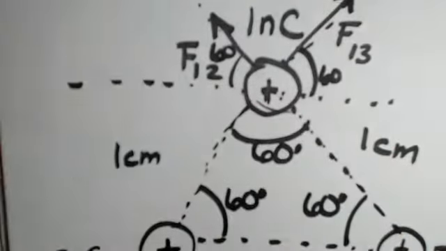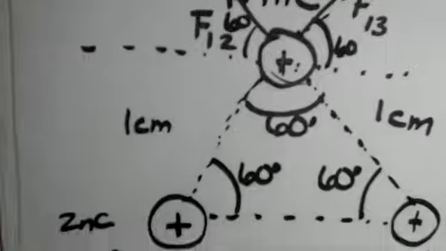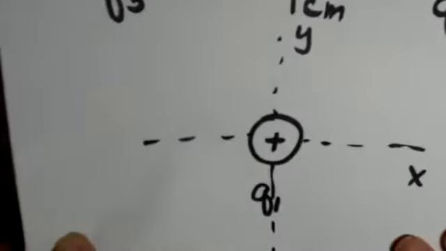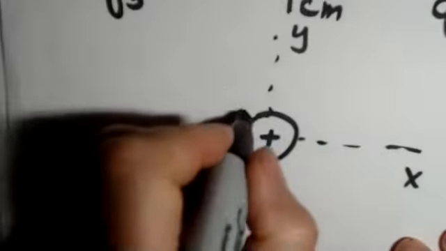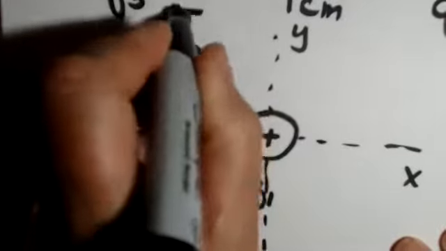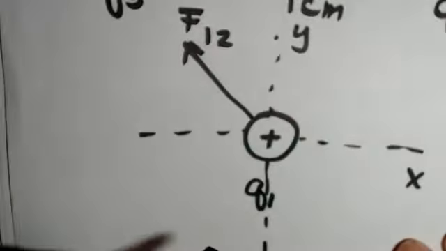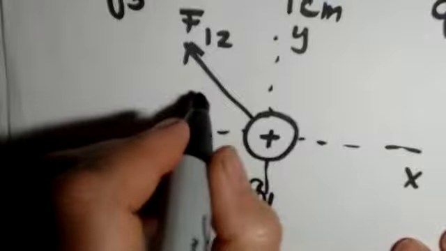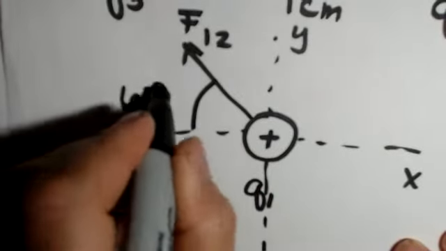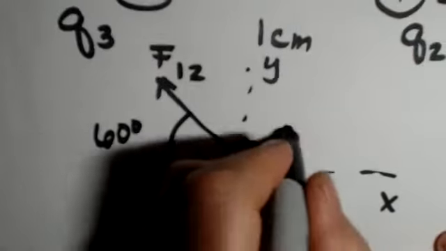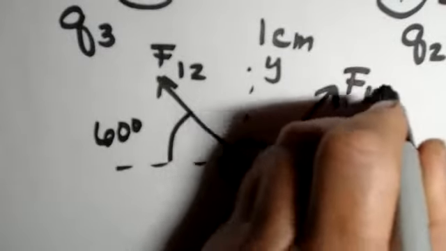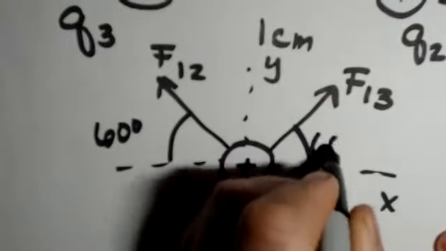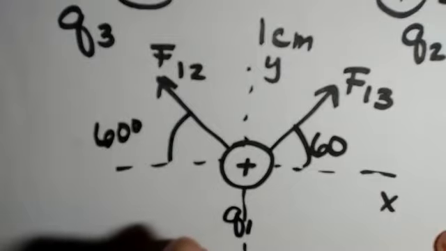This angle is also 60 degrees. So when I come down here to draw my picture, I'm going to have F12 like that, and that's going to be 60 degrees. And I'm going to have F13 like that, and that's going to be 60 degrees. Okay.